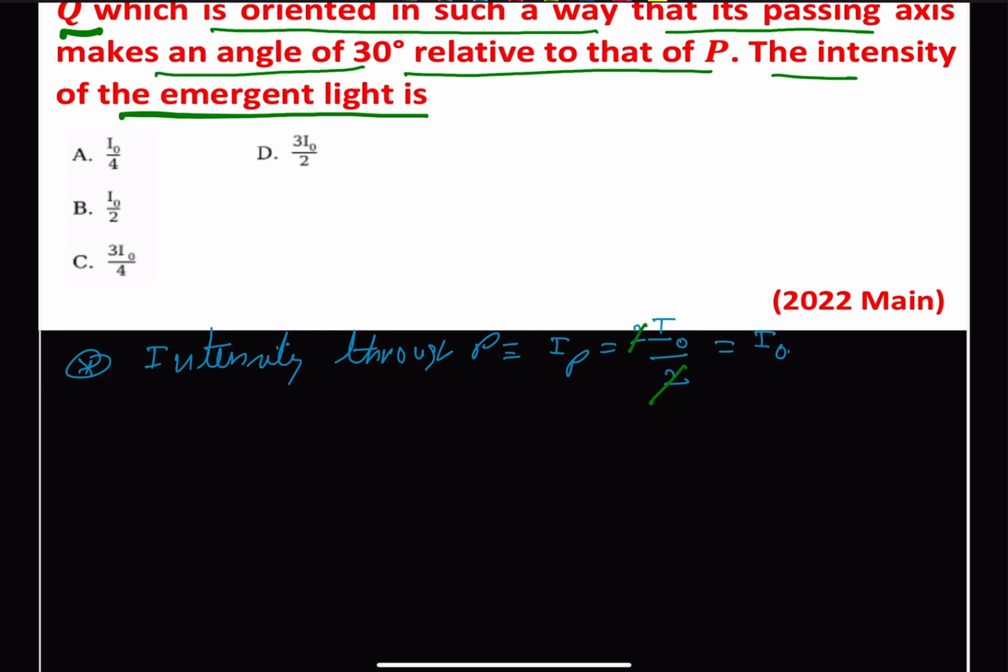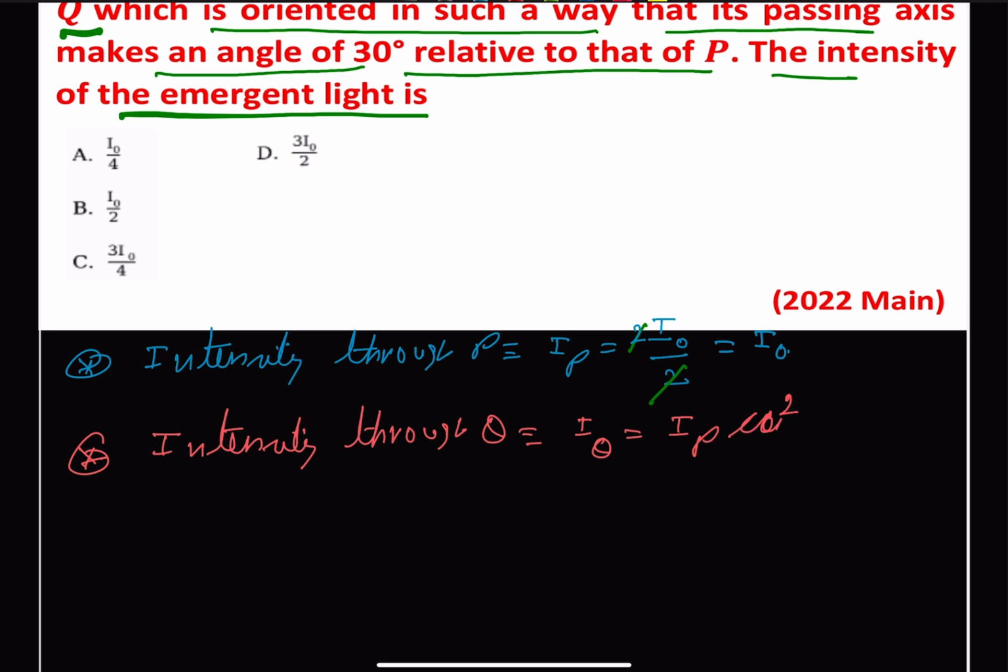And similarly we can say intensity through Q, let us suppose we call that IQ, which will be equal to IP cos square of theta, and here theta is given to us as 30 degree and IP is I0.